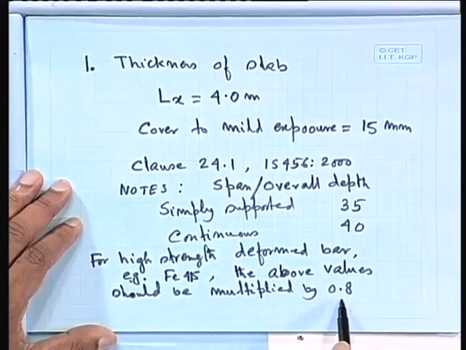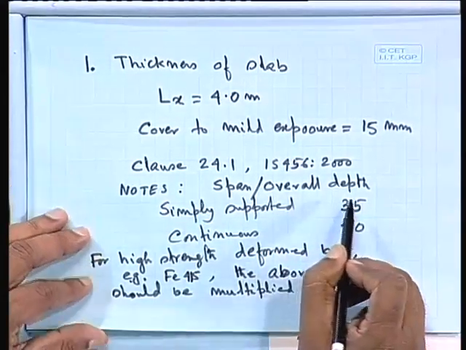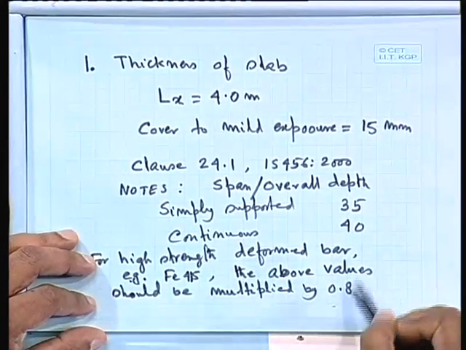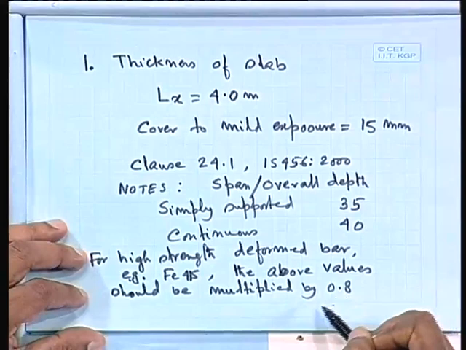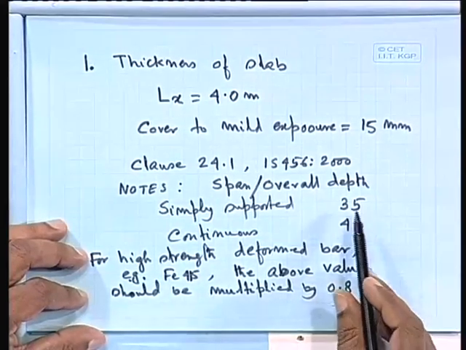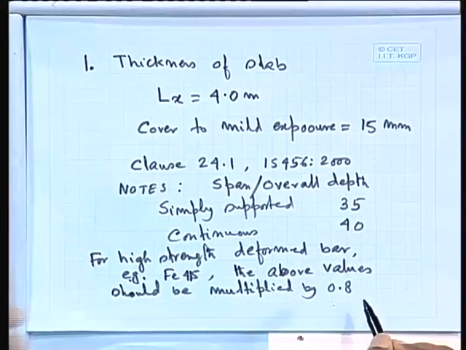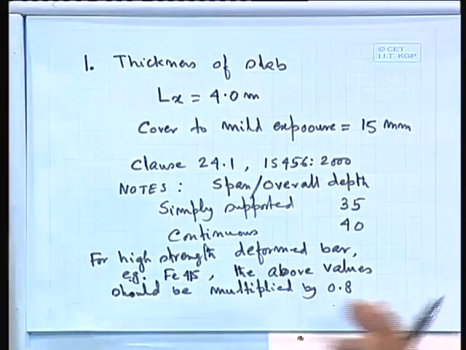Just to mention, for high strength deformed bar, as for example Fe 415 in our case, the above value should be multiplied by 0.8. So, span by overall depth we can get, and we can find out the corresponding value, which is coming as 0.8. I think I should check it once more.